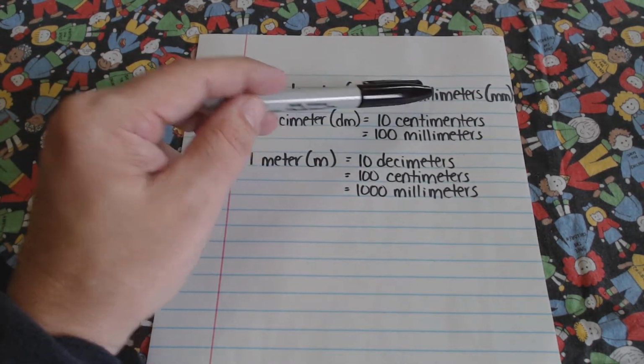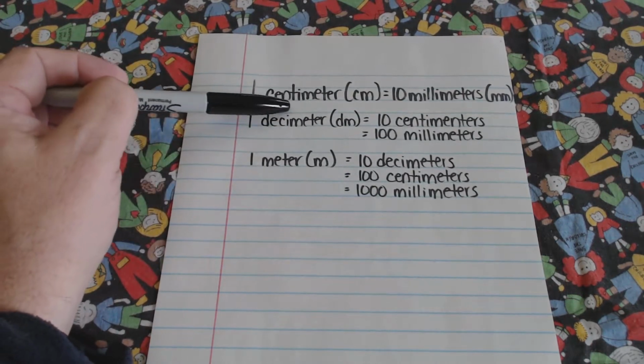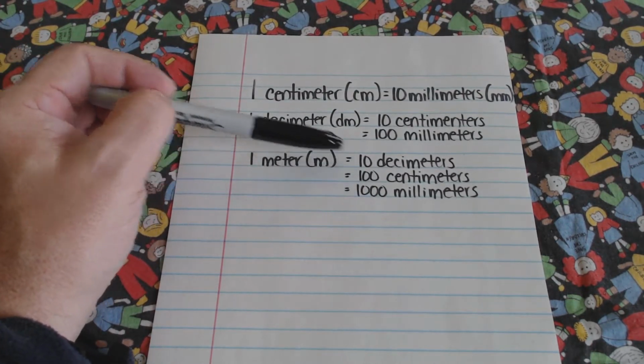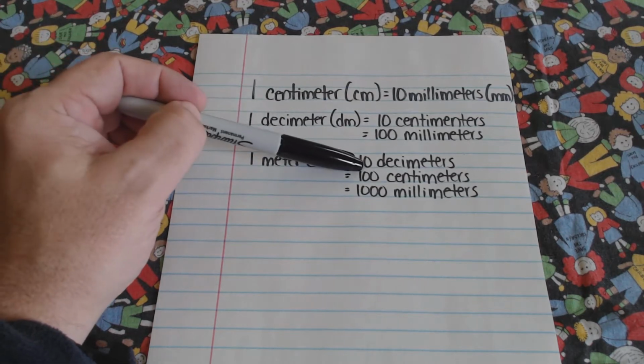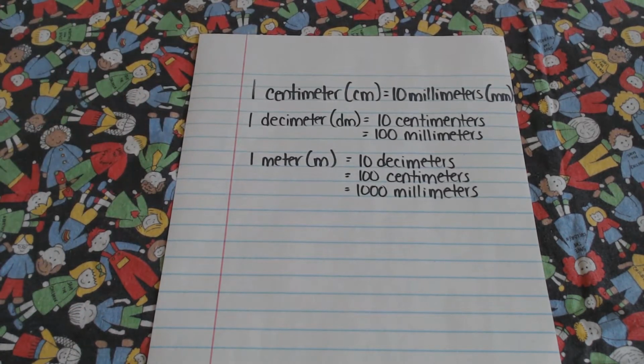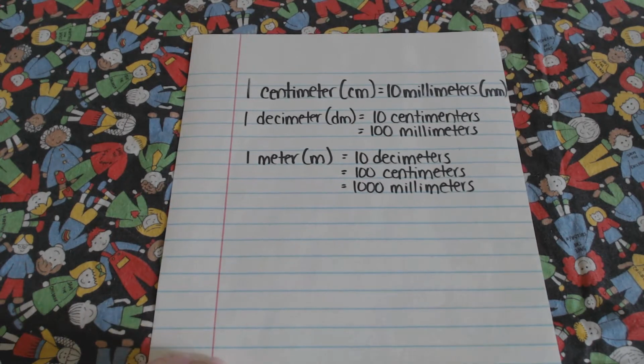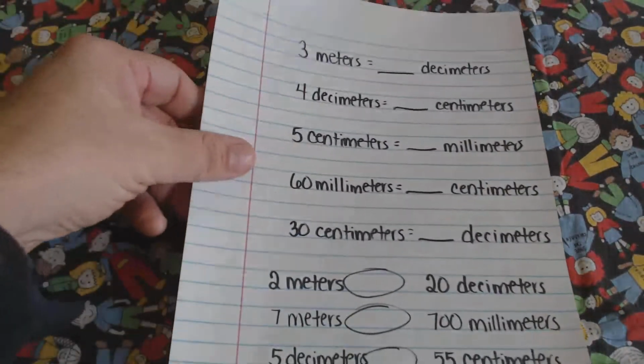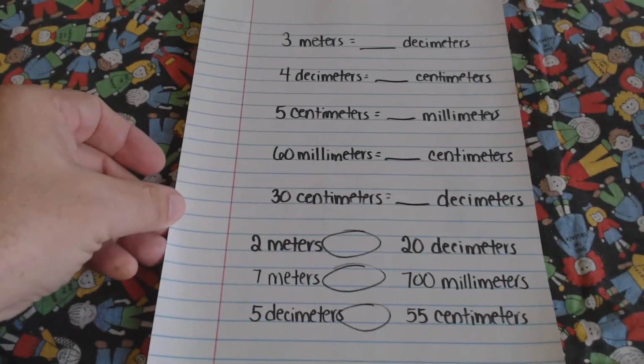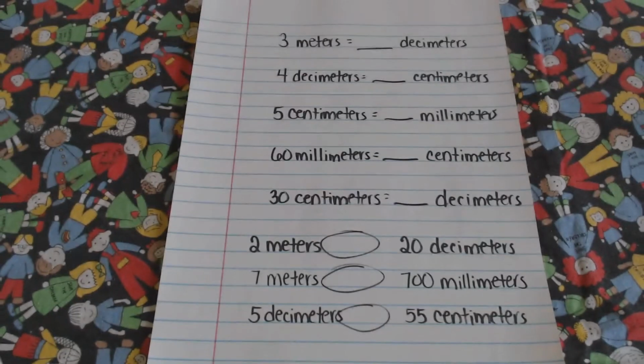Notice milli means 1,000, cent means 100, dec means 10. This is one of the reasons why the metric system is easier to learn than the customary system. So with those conversions, we should be able to easily complete this page.